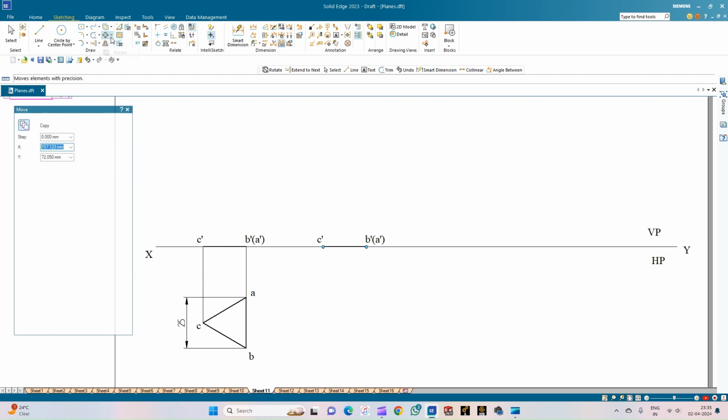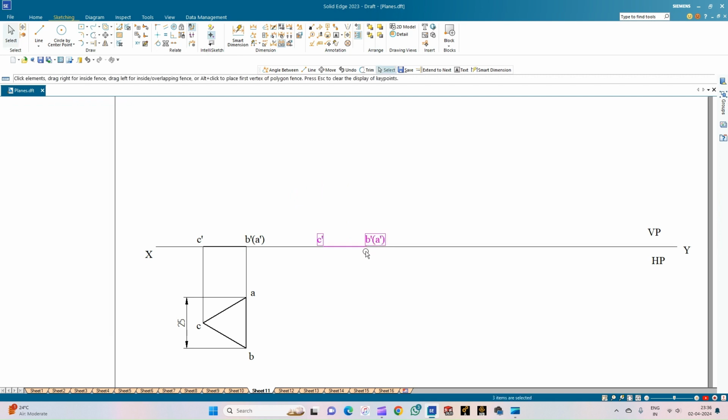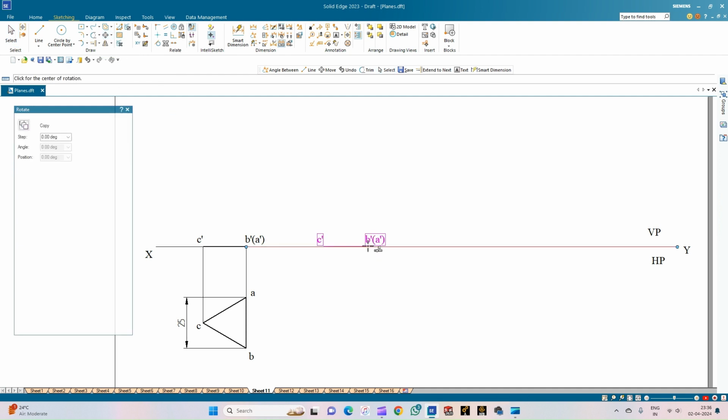And now we will go for the rotate option and ensure the copy is off. So this is the first point of rotation, and this is the second point of rotation. So we need to have B dash A dash on the XY line. So we will select the rotate option. This is the first point of rotation and this is the second point of rotation.